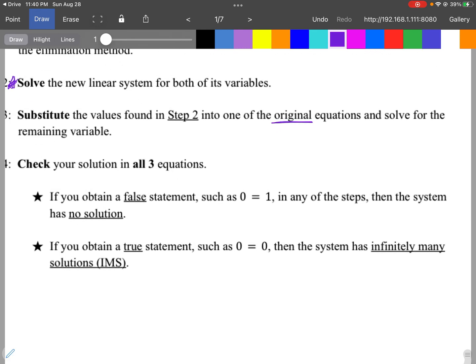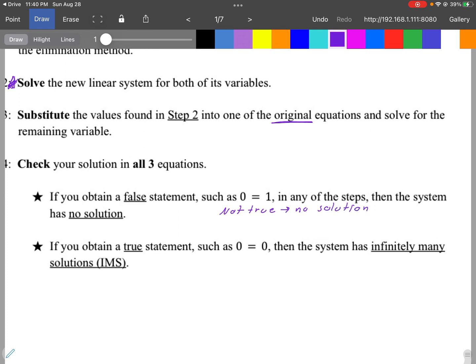Now, there are a couple of special things that you could run across. If you obtain a false statement such as 0 equals 1 in any of the steps, then you can stop right there and you know that the system has no solution. So just like in 3.2, if you get a false statement, or not true, that means no solution.